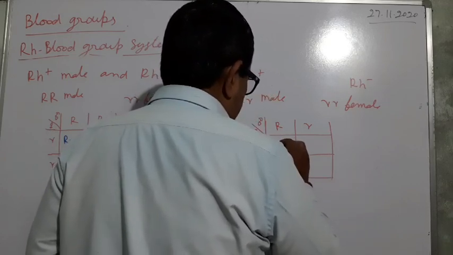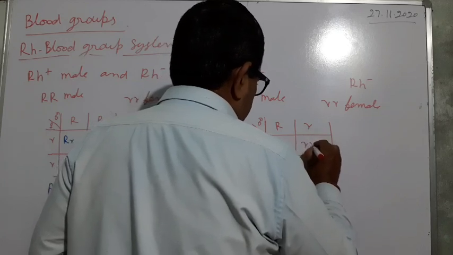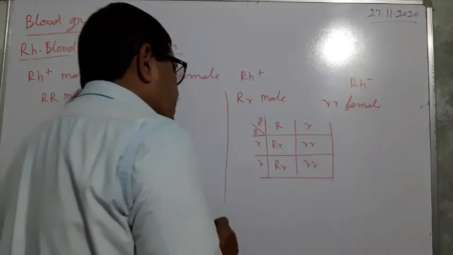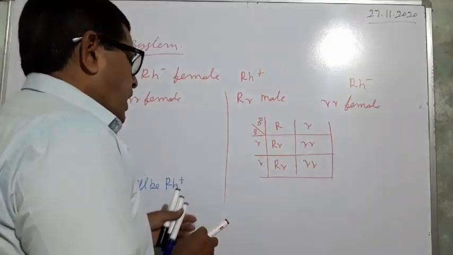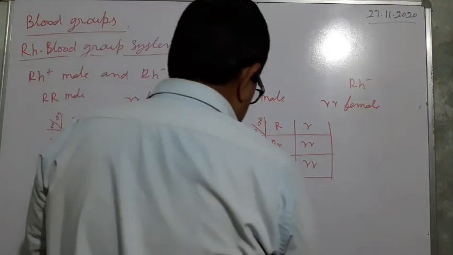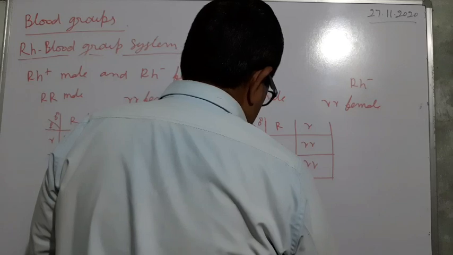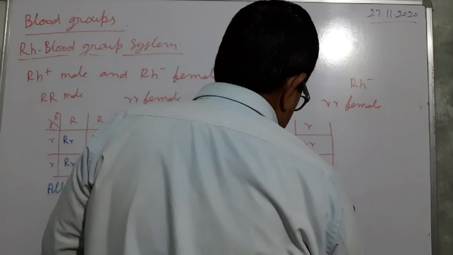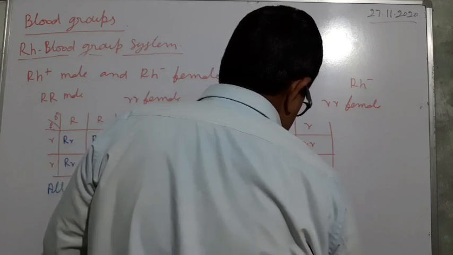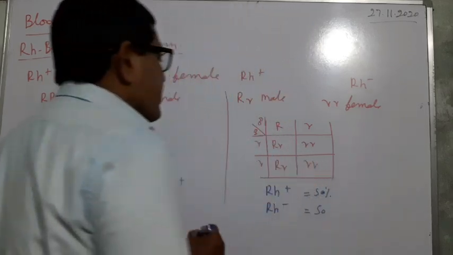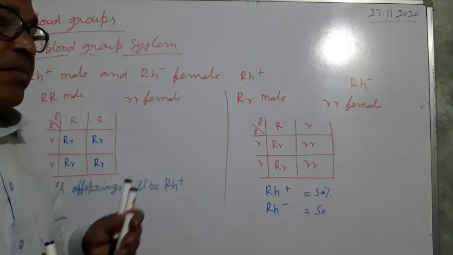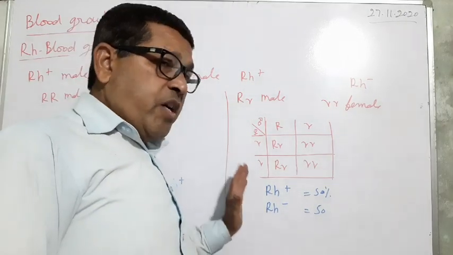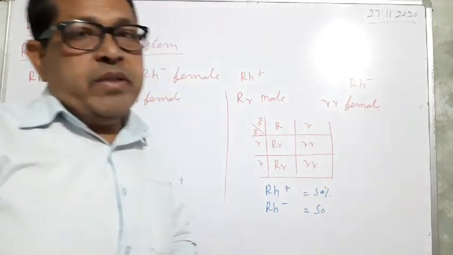The offspring will be Rr, Rr, rr, rr. In this situation, the possibilities of RH positive and RH negative will be 50-50.